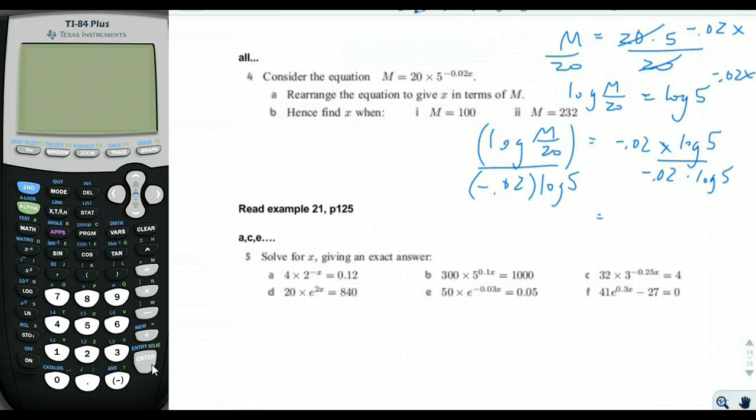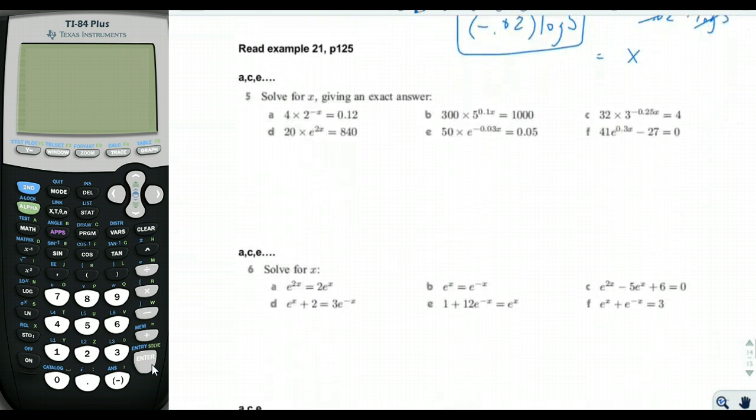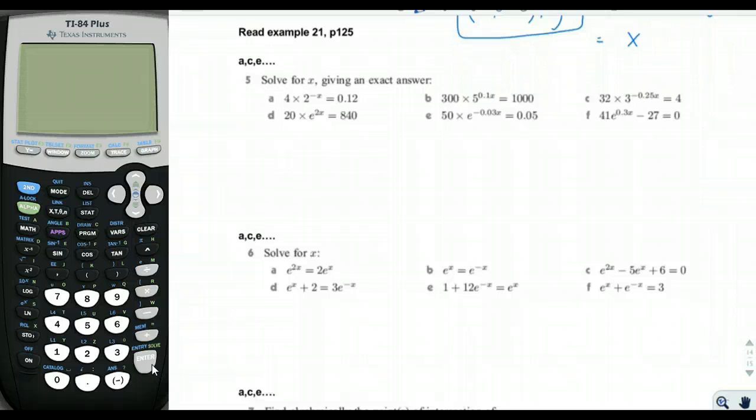And then on the right side, we cancel those out, we're left with x, and then this is our expression. And then when it says, okay, find x when m is 100, all you need to do is put 100 in there. And then use your calculator to do those multiplications and divisions. And then you put 232 in. Okay? So that's just calculator operation.